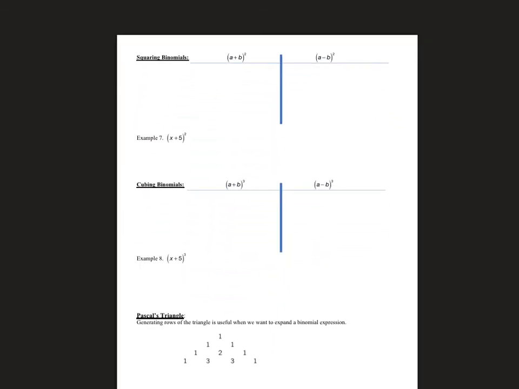In this case, I have a plus b squared, so that's times itself, which gives me a squared plus ab plus ab plus b squared, so that's a squared plus 2ab plus b squared, versus a minus b times a minus b, which is a squared minus ab plus b squared. So that's a squared minus 2ab plus b squared.